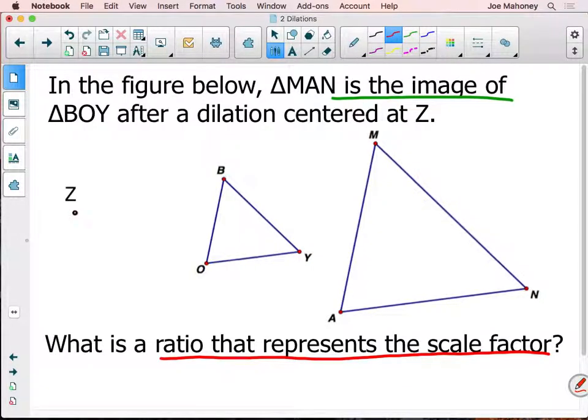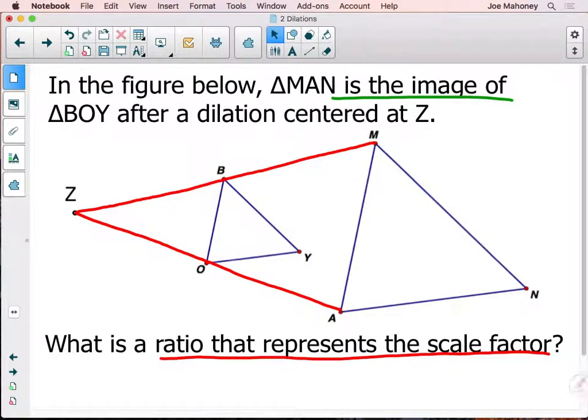And here's what I like to do. I'm going to draw in line segment ZBM. Notice, and I'll even do this, let's draw in this one too, ZOA. Notice what's happening now is I'm taking the length of, we'll do it in green also.